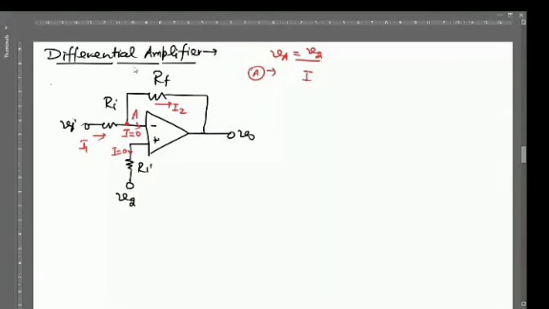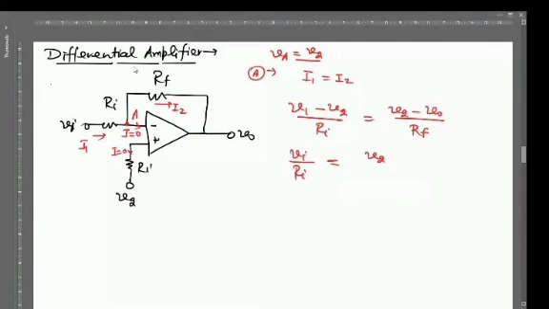So I1 equals I2, and directly I am applying V1 minus V2 over Ri equals V2 minus V0 over Rf. Fine. So again I can solve this: V1 over Ri equals V2 times 1 upon Ri plus 1 upon Rf, minus V0 over Rf.